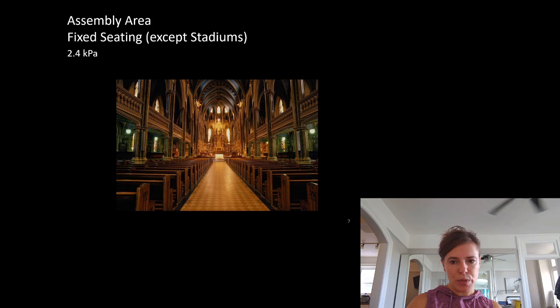So a classroom with movable tables would not be that, except it falls under its own category, so we're not going to use that as an example. But if you're in a church, for example, and it has fixed seats, you could say that it was only 2.4 kPa, because it's hard to fit that many people in, because the seat sticks out. It's hard to get that amount of people jammed in there.